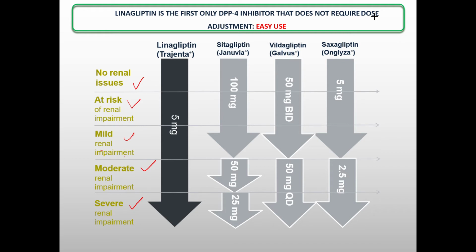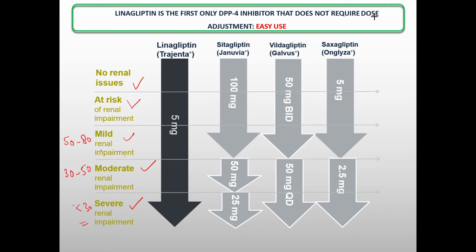I would like to tell you here that mild renal impairment is when the eGFR is between 50 to 80. Moderate is when the eGFR is between 30 to 50, and less than 30 is severe. Less than 30 eGFR is severe renal impairment.